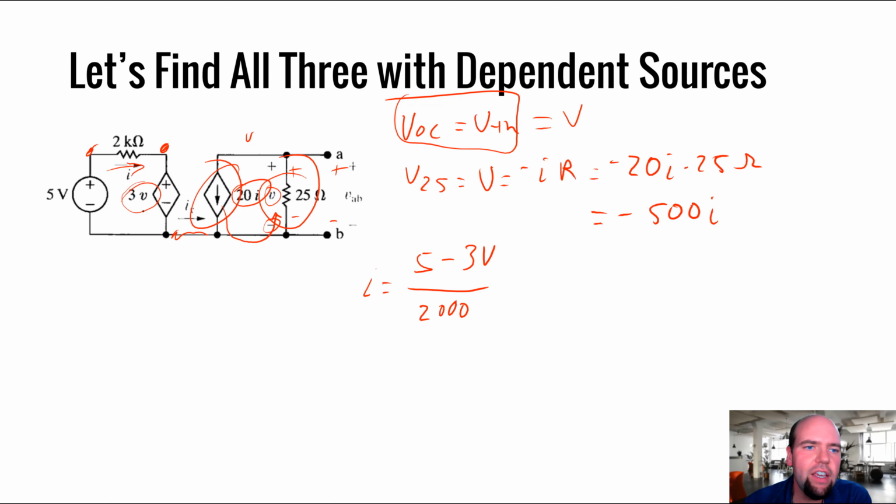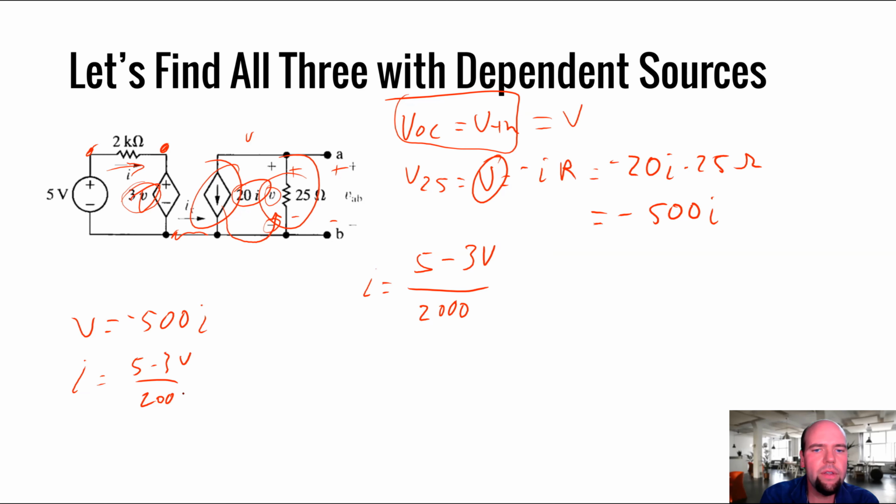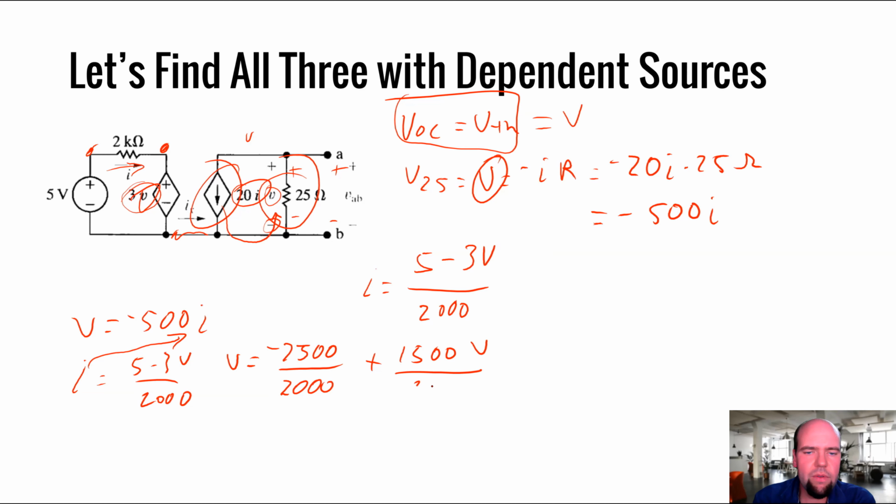The good thing is this V is the same V that we were solving for over here. So we essentially have two equations now. We have V equals negative 500I, and we also have I equals 5 minus 3V divided by 2000. So let's do a little substitution, and we get V equals negative 2500 divided by 2000, plus 1500V divided by 2000.